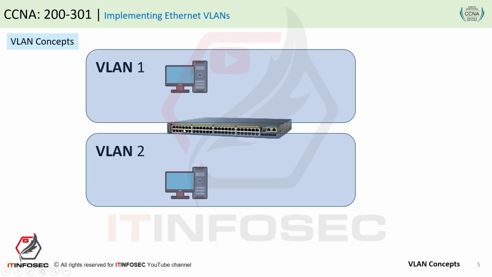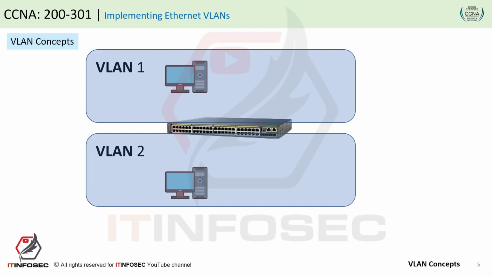With this implementation, all of the ports that are in the same VLAN can communicate with each other, and normally they cannot communicate with ports in other VLANs. In addition, I told you each switch has a default VLAN, which is VLAN 1.